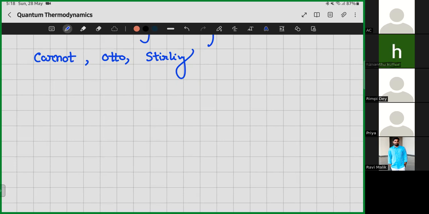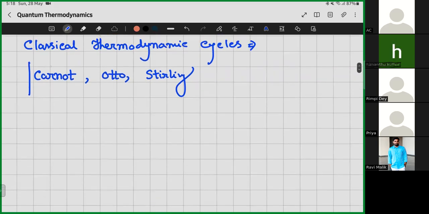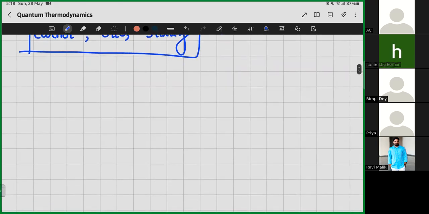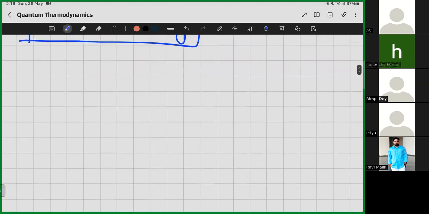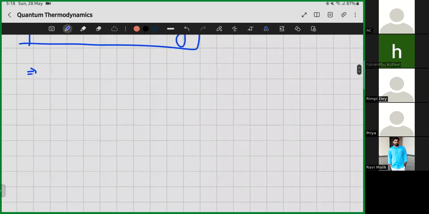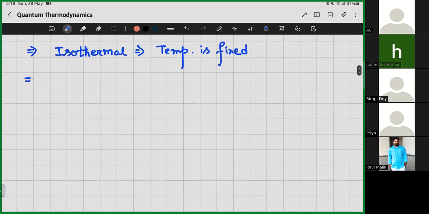Okay, to study this cycle, I will recall the processes. That means the isothermal process. We know for an isothermal process, the temperature is fixed. Next is our isobaric process.